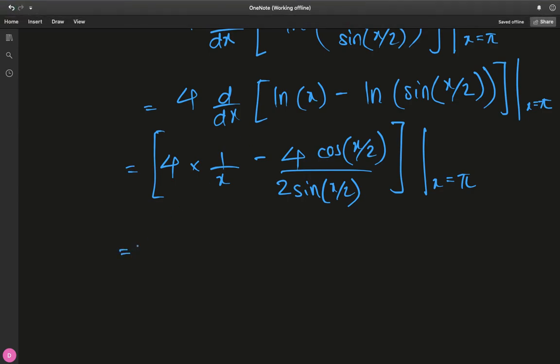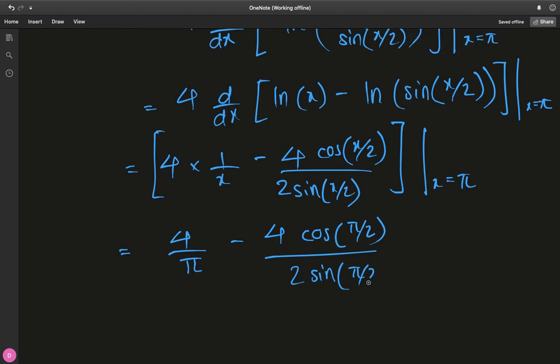So now plug in pi here, you have 4 over pi, and then if you plug in pi, you have 4 times cosine of pi over 2 divided by 2 times sine of pi over 2. Sine of pi over 2 is 1. Fair enough, no problem in the denominator. But the cosine of pi over 2 is 0.